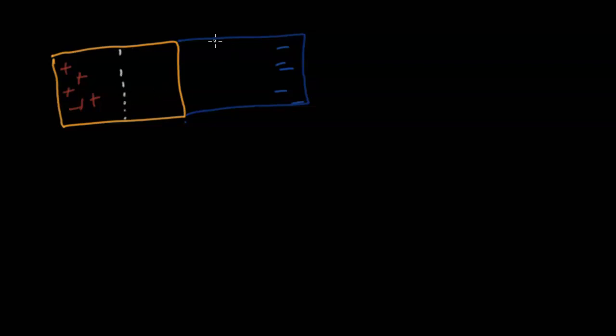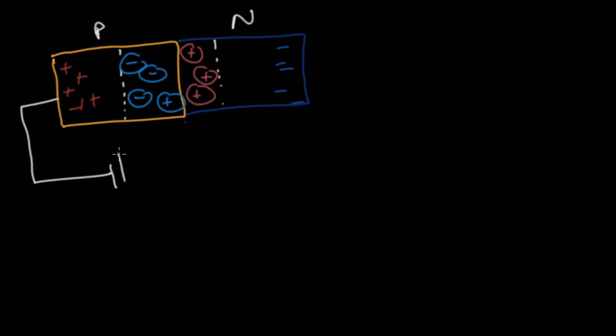Let's draw a smaller depletion region, which consists of all my positive ions and my negative ions. The N-type is connected to the positive terminal and the P-type is connected to the negative terminal.